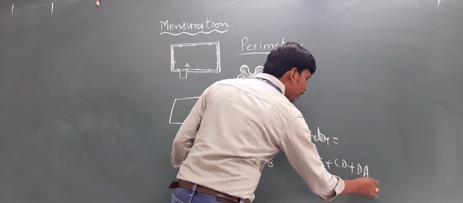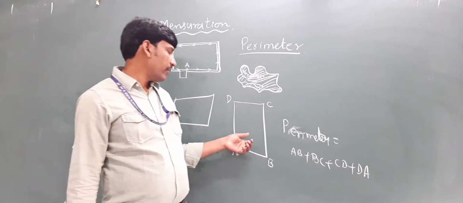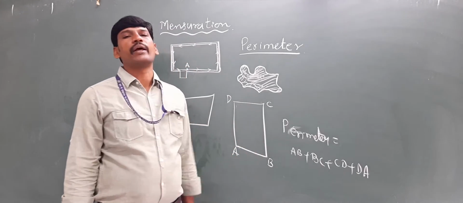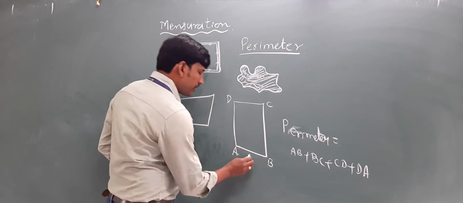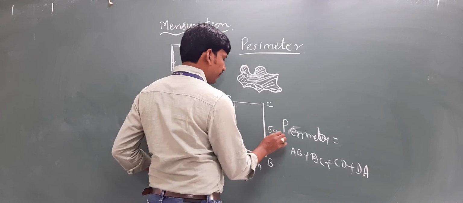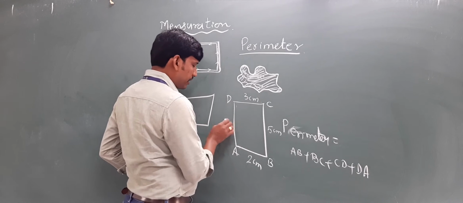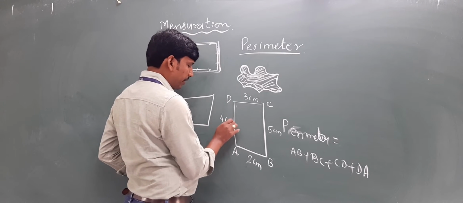By adding all these lengths of the given sides of a given figure, you will get the perimeter. Let us take that this is 2 centimeter, this is 5 centimeter, this is 3 centimeter, and this is again, let us take, 4 centimeter.